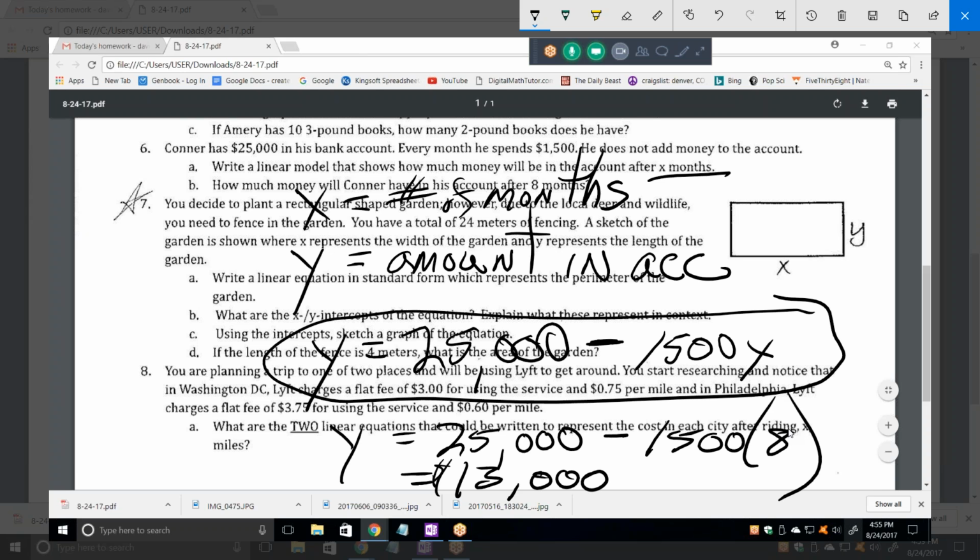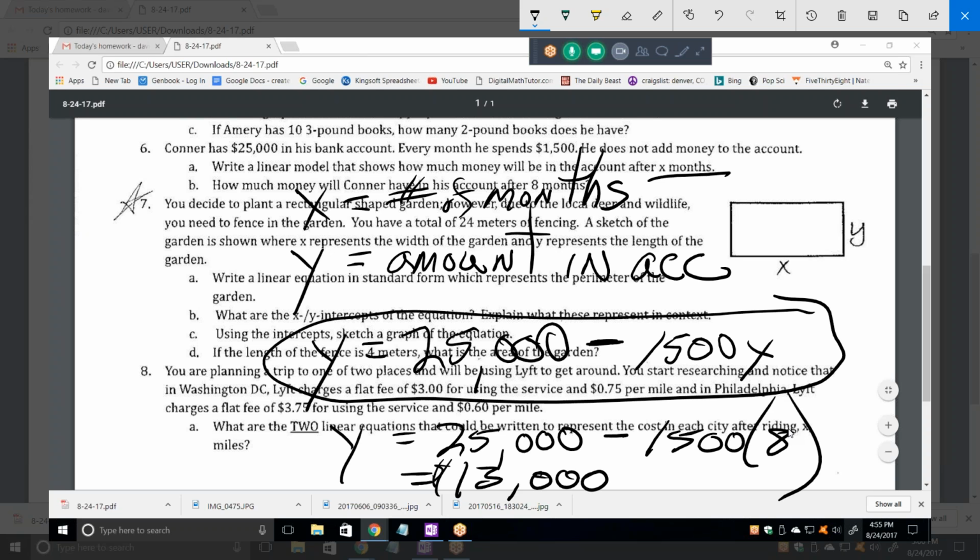Well, he only started with $25,000. Can the bank account go negative? No, it can't. Not really. I mean, there are bank accounts that will let you go negative, but in reality, no.